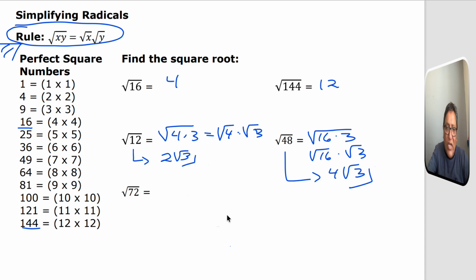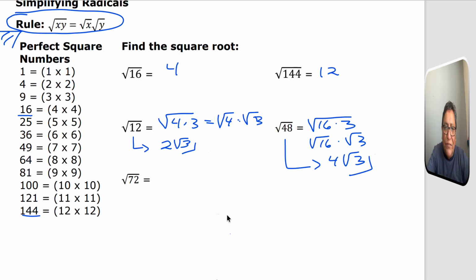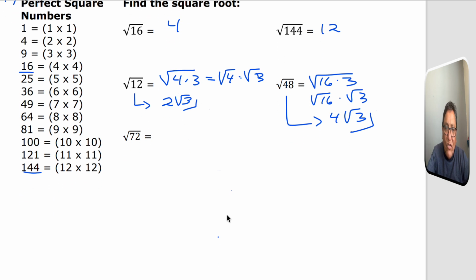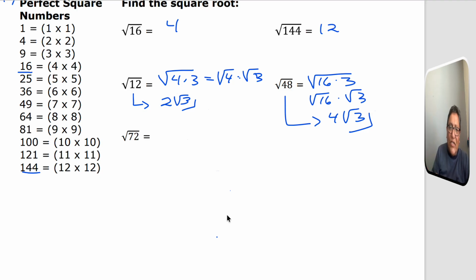Now, we have a higher value. For example, we have 72 in this case. If you have a higher value, again, you can use maybe your calculator and you can find that 72 divided by 9 is 8. In other words, 9 times 8 is equal to 72.